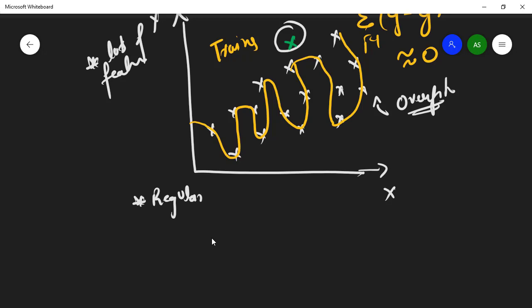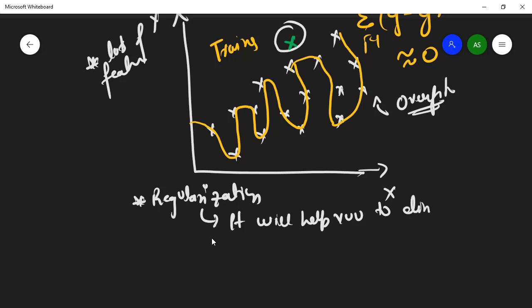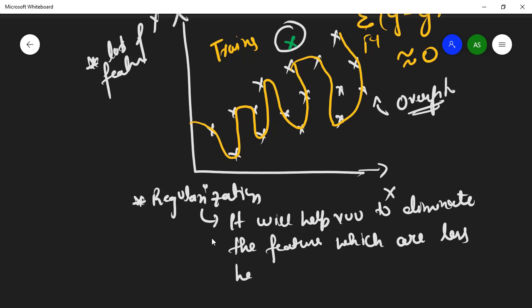Regularization will help you to eliminate the features which are less important. So again, I'm saying it will help you to eliminate the features which are less helpful or contain less information. So it will eliminate that.